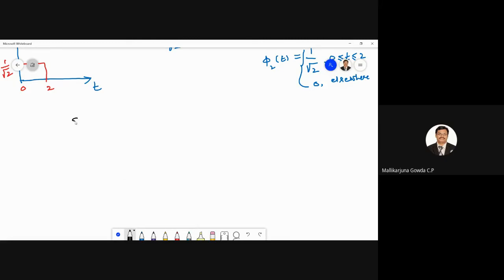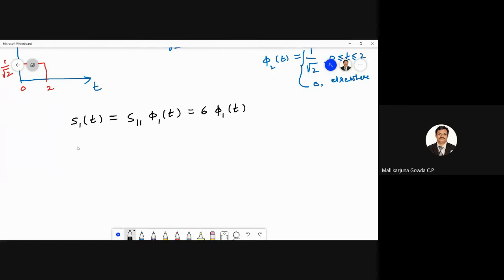That is, S1 of t will be equal to S11 phi 1 of t. So what is the value of S11? It is 6, no? 6 into phi 1 of t I can write.